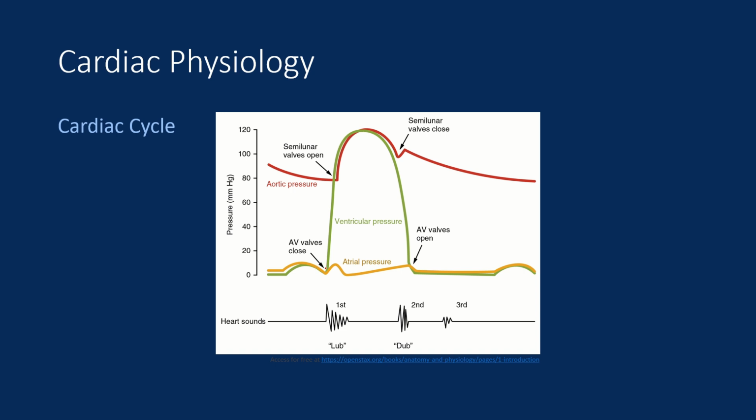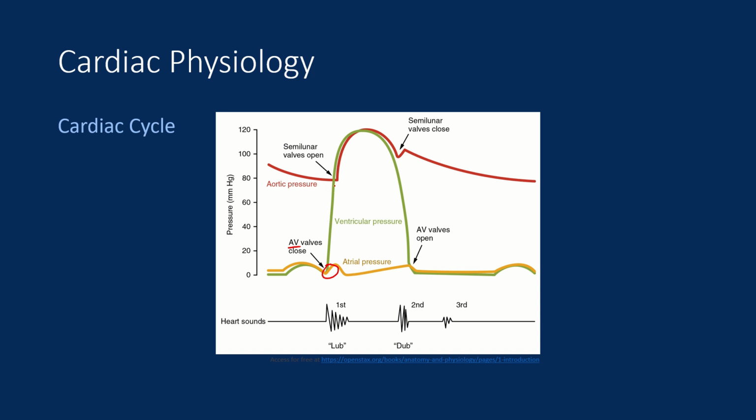Once the ventricle contracts, the ventricular pressure quickly exceeds the atrial pressure, which closes the atrioventricular valve. If we're talking about the left ventricle, this would close the mitral valve. Now, with both valves closed, we have a rapid increase in pressure, but no change in volume. So this is our isovolumic contraction.